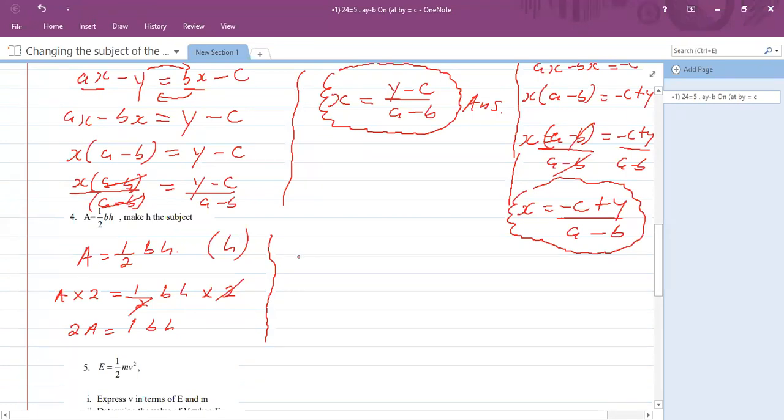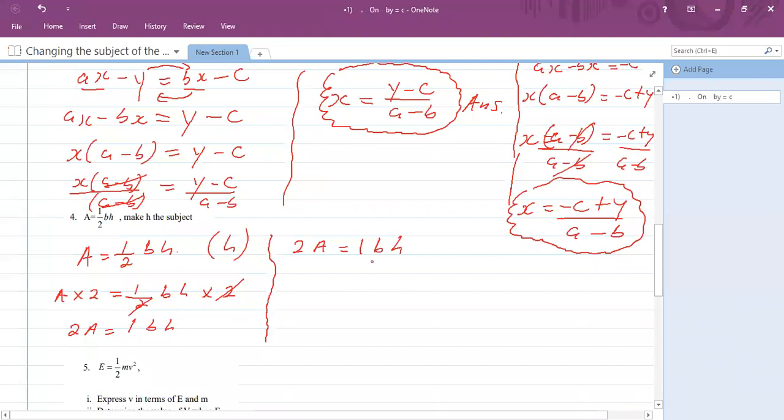We have 2A is equal to 1BH. Guys, talk to me now. I want to make H the subject. What will I do?